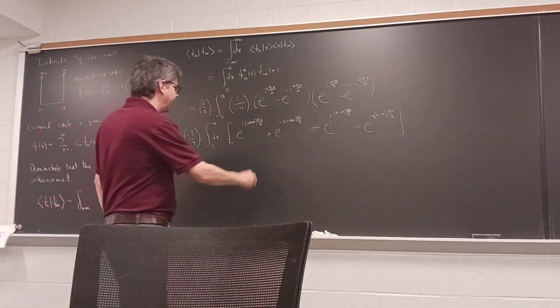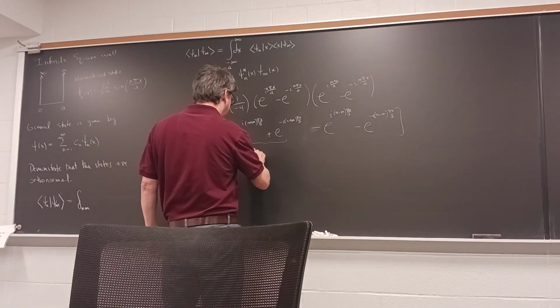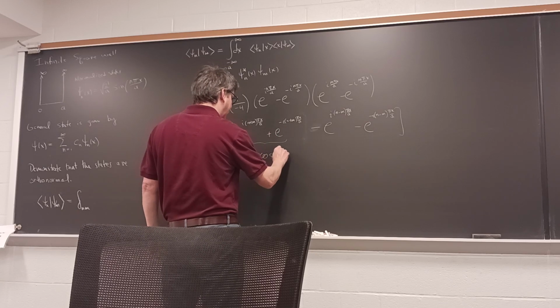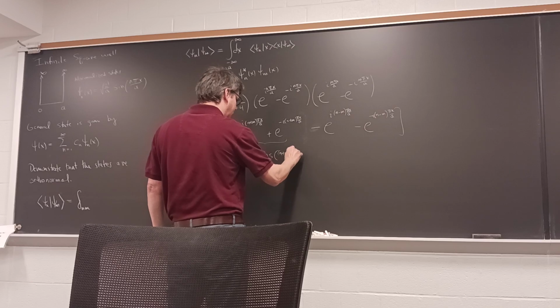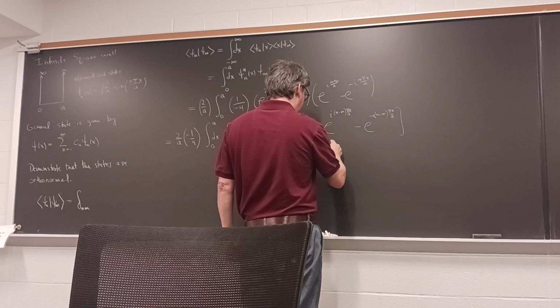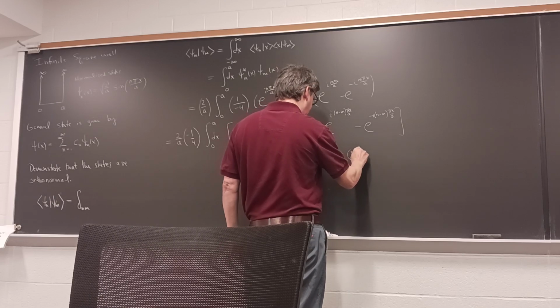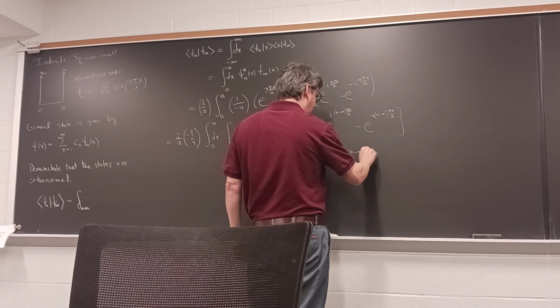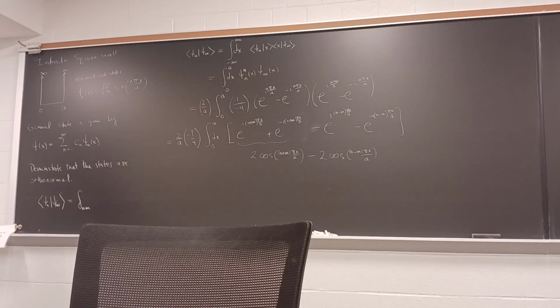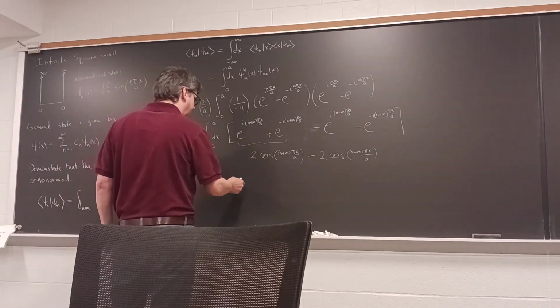Now this is just twice the cosine of n plus m pi x over a, and then a minus twice cosine of n minus m pi x over a. And now the rest is just some simple integrations.